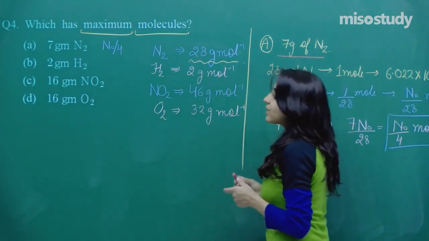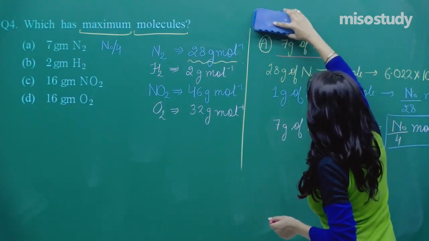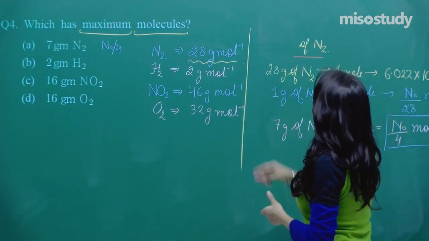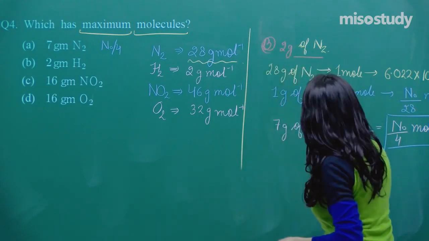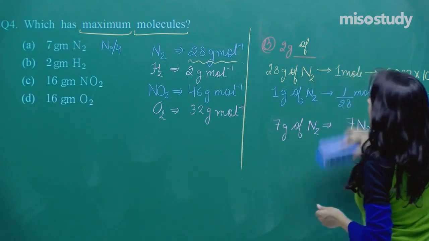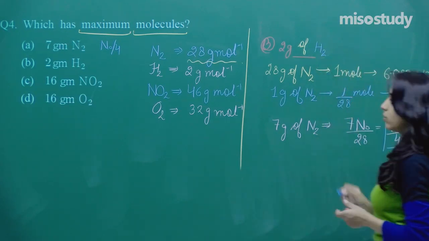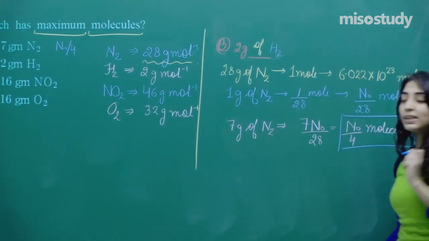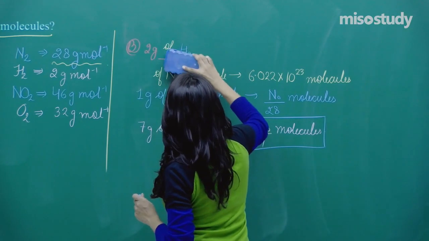Okay? Let us continue further to 2 grams of hydrogen. So the B part is 2 grams. This time I am not talking about N2, rather I will be talking about H2. Right? Now see, can I say this is 28 grams of nitrogen.